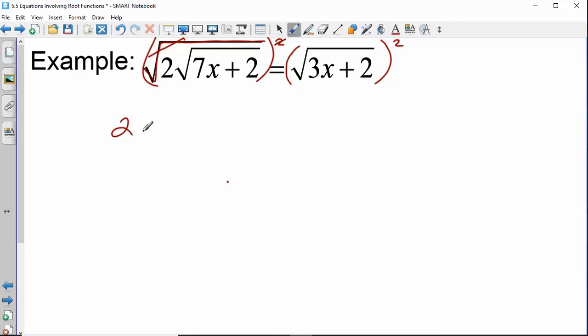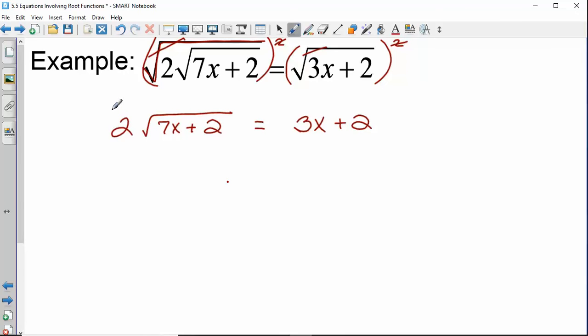So we still have a 2 square root of 7x plus 2. On the right, my square does cancel that radical. So it's a 3x plus 2. That looks significantly better. What can we do now? Square it again. We still have a radical, so we have to square a second time.